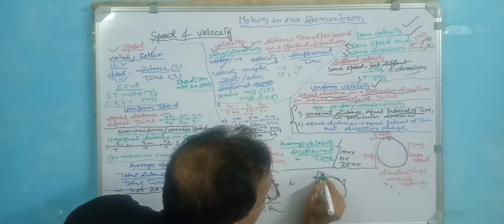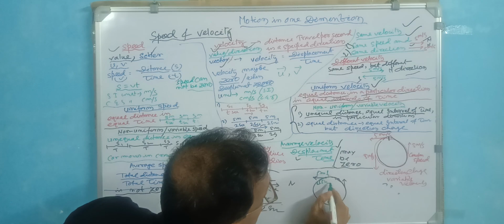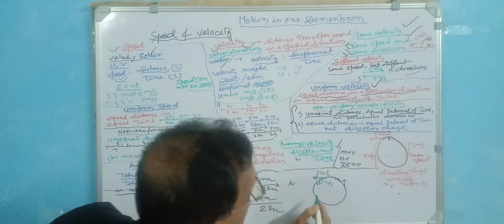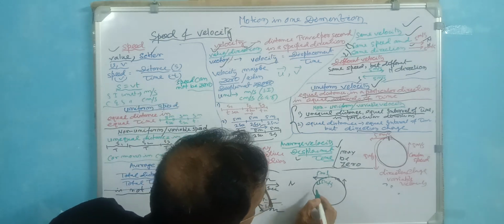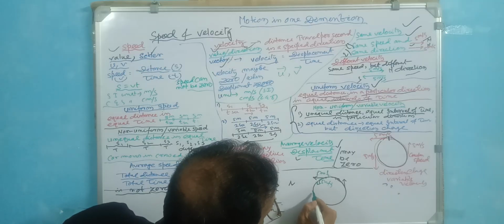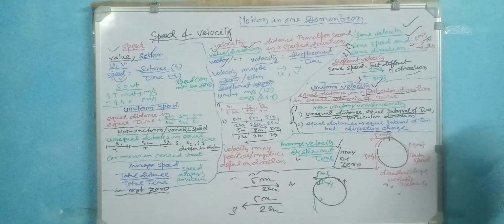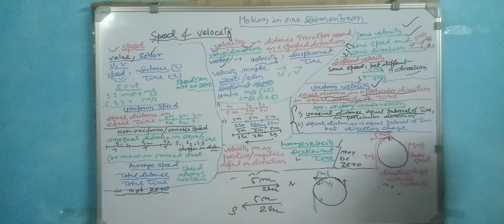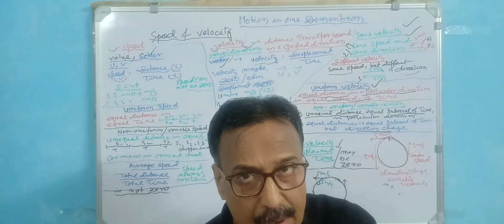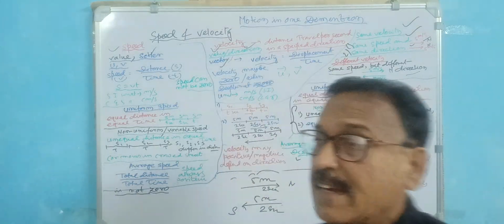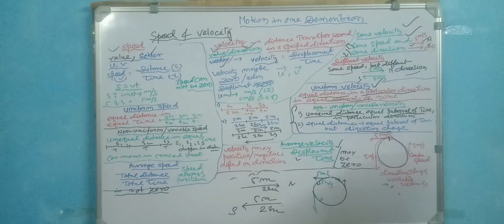This is 5 meter per second, this is 5 meter per second, but the direction is changed. If the direction is changed, in the case of a circular path, this causes the variable velocity. Variable velocity means each and every time the direction is changed. So it is the variable velocity.